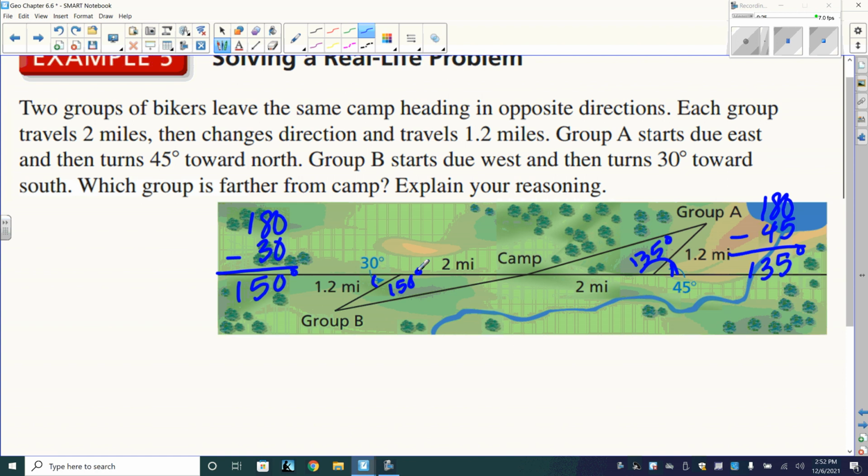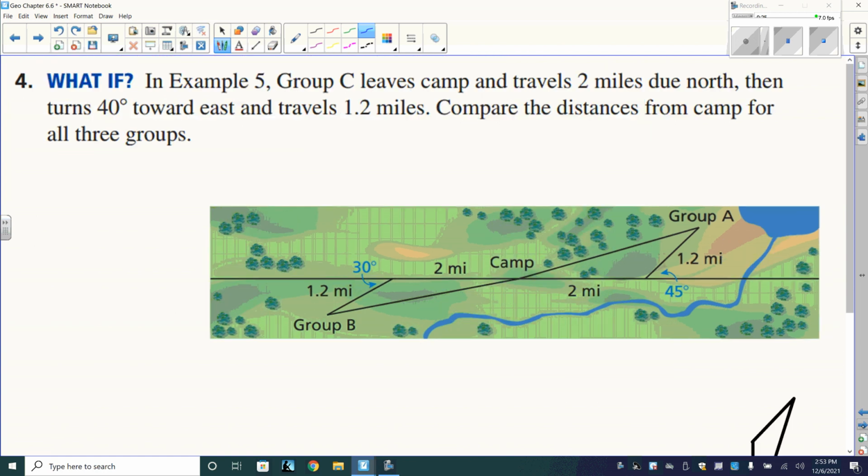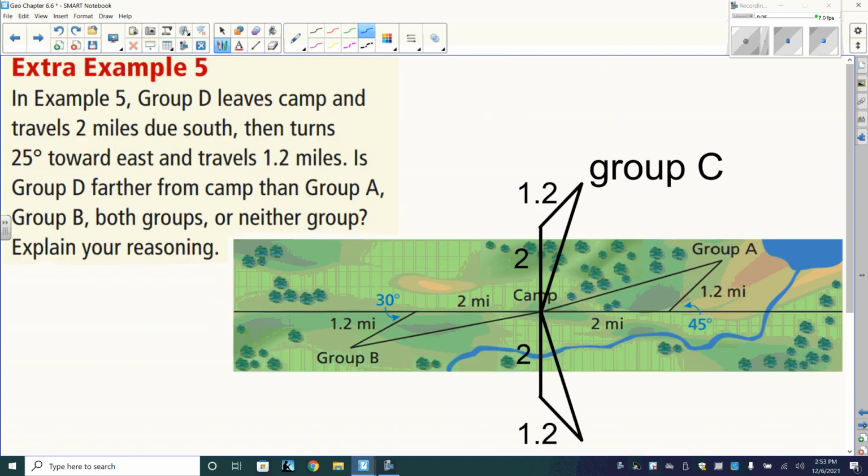So which group traveled the furthest? Group B. Group B traveled further than Group A because they have a greater angle. Any questions on this here? And we could do the same thing with both C and D to see which one traveled further.